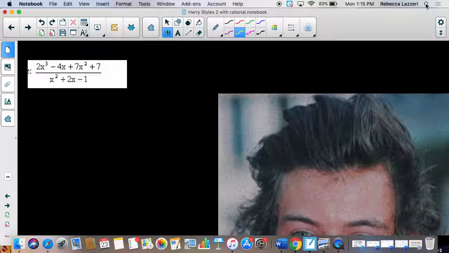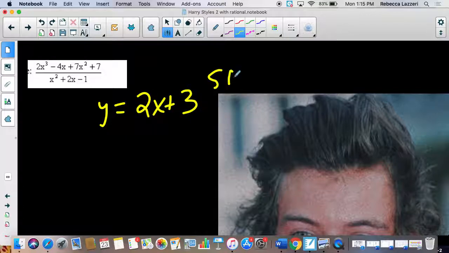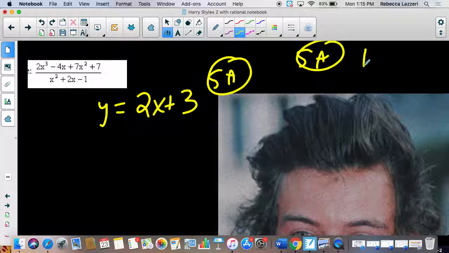Okay, time out. Up on the very top of that other slide, did y'all see, was it 2x plus 3? Mm-hmm. That's going to be my slant asymptote. Slant asymptotes occur when the top is 1 higher than the bottom.